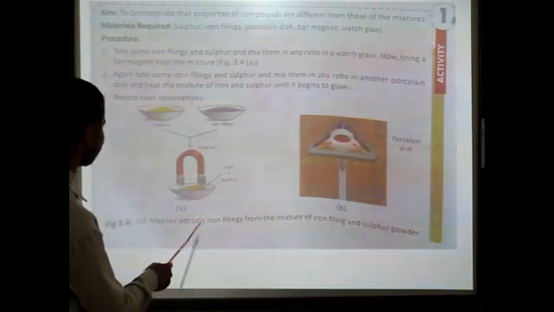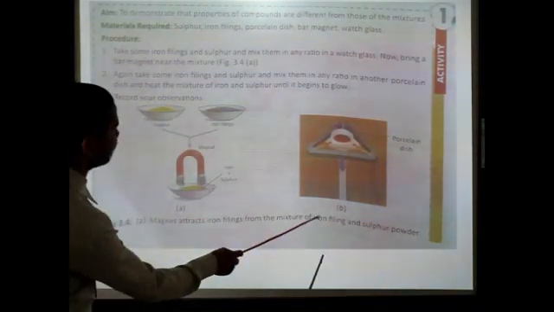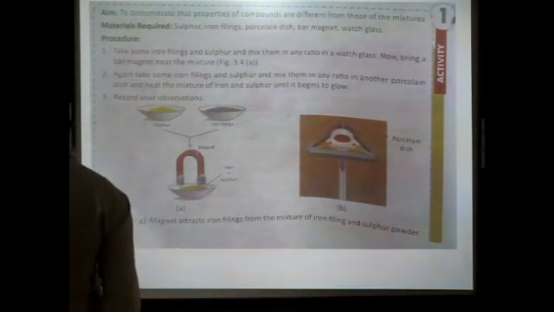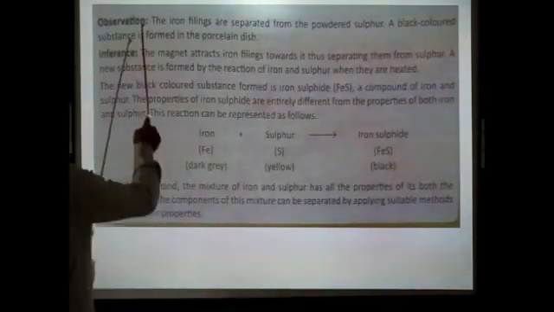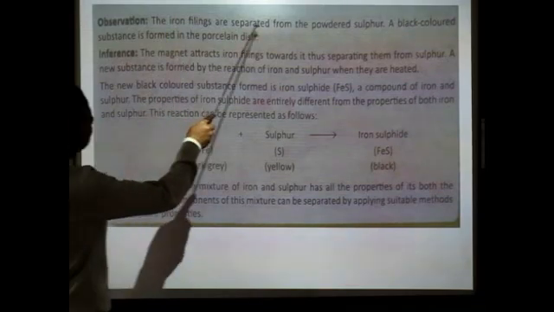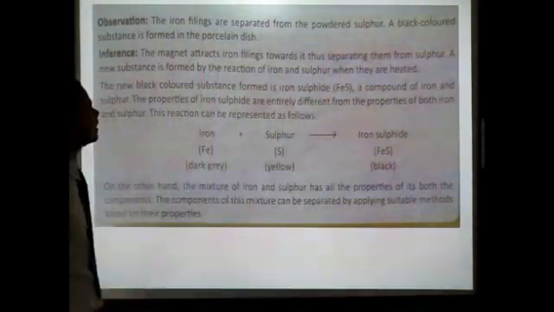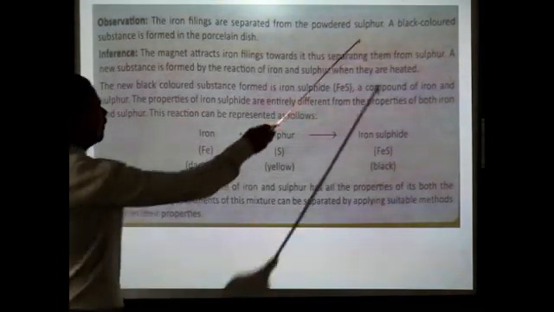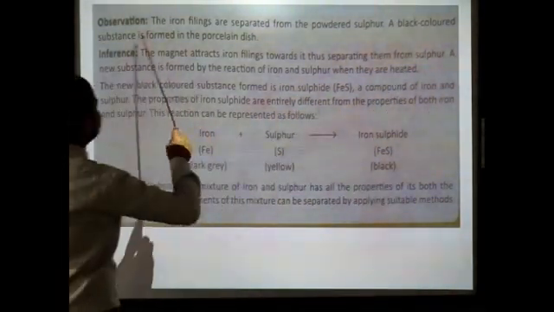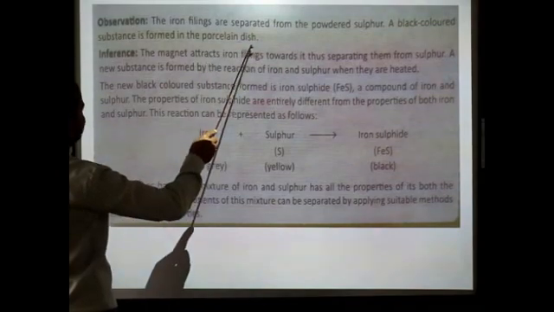So the magnet attracts iron filings from the mixture of iron filings and sulfur powder. Then observation: the iron filings are separated from the powdered sulfur. A black colored substance is formed in the porcelain dish.